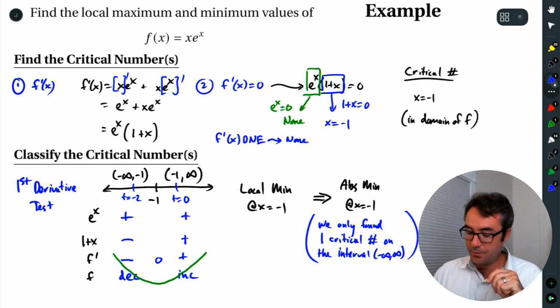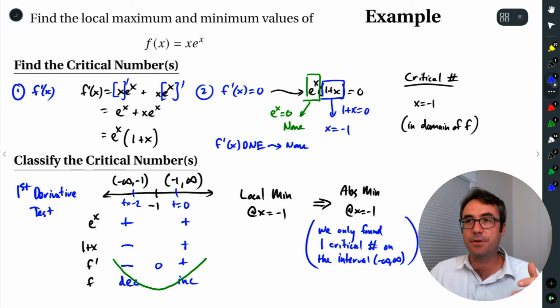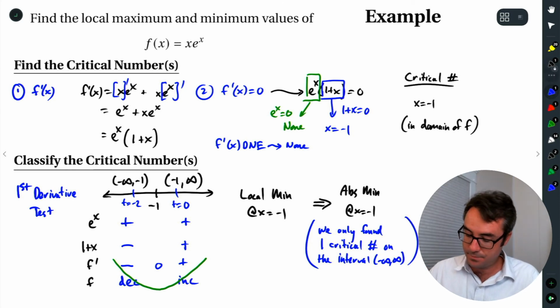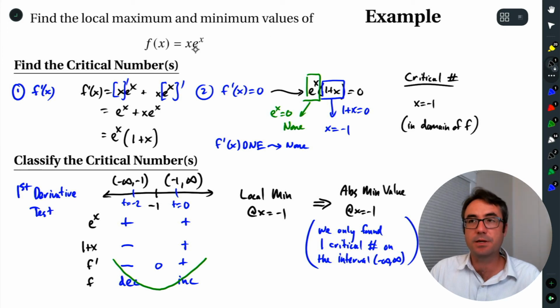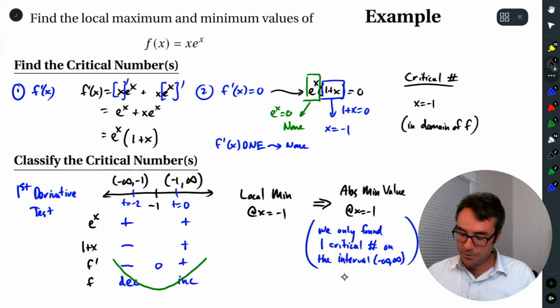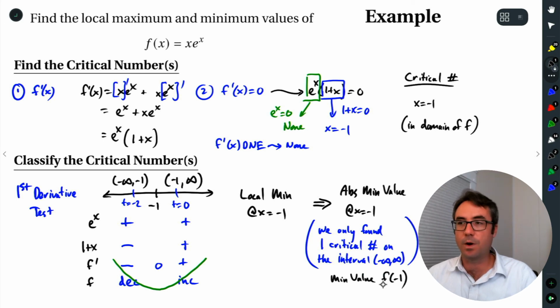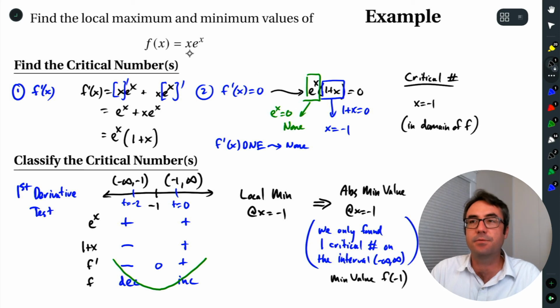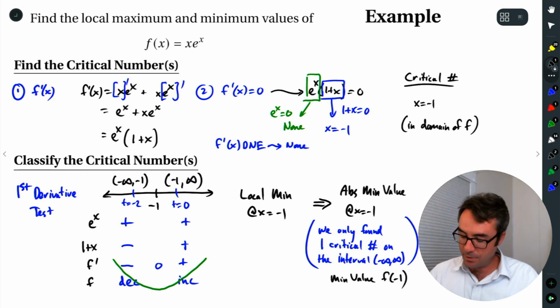And so to actually answer the question, if we wanted the min value, what we would do is plug -1 into our function. So the value here would be f of -1. Plug -1 into the original function, and what you end up with is -e to the -1.